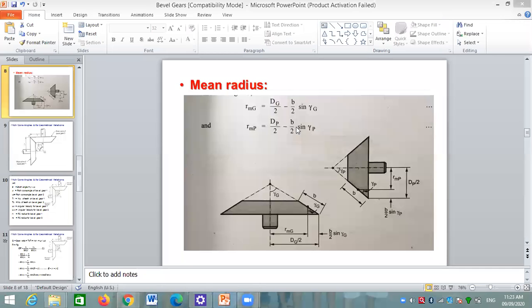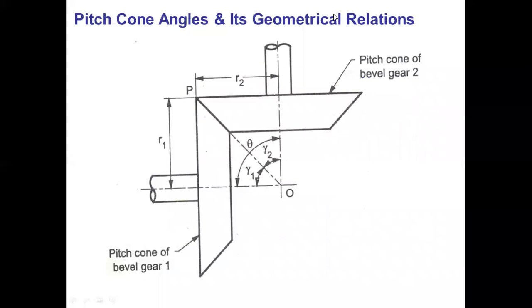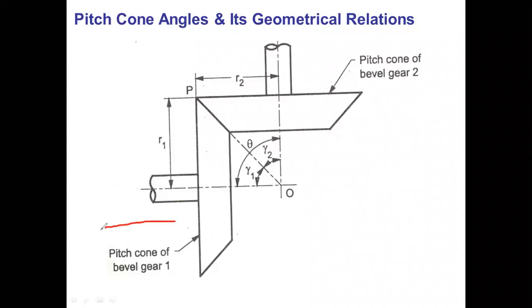Then the next topic of the bevel gear is pitch cone angle and its geometrical relationship. If we see here, we use the terms gear and pinion, or sometimes bevel gear 1 and bevel gear 2.